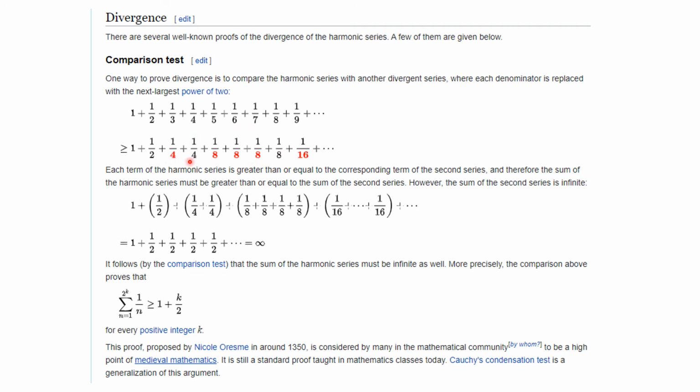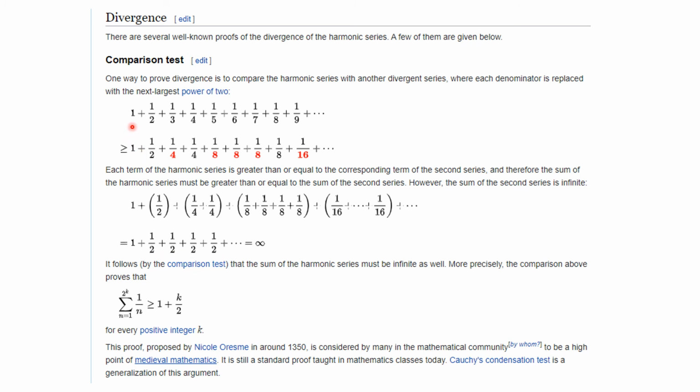But then I'm going to regroup this, actually I'm not changing the order, I'm just changing the grouping. So I'm going to group these two together, and I'm going to group these four together, and so on and so forth. Now notice that each of these is a half, that is a half, that is a half, that is a half, plus dot dot dot means it never stops. So you see this is 1 plus a half, a half, a half, a half.